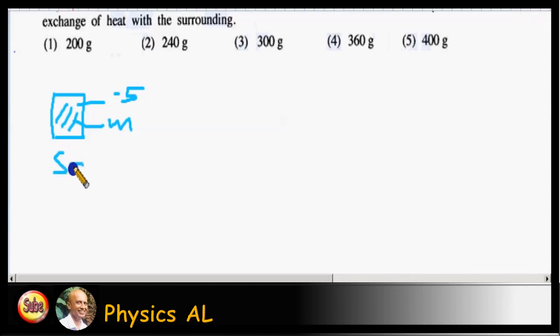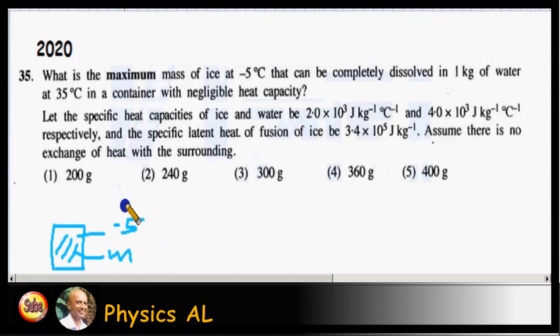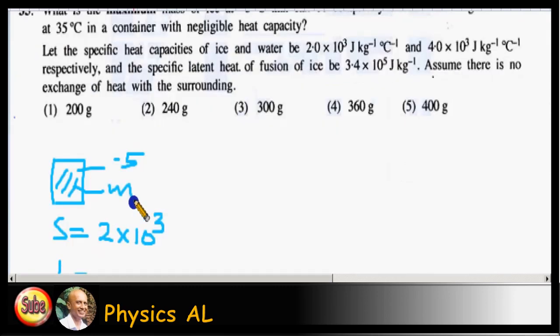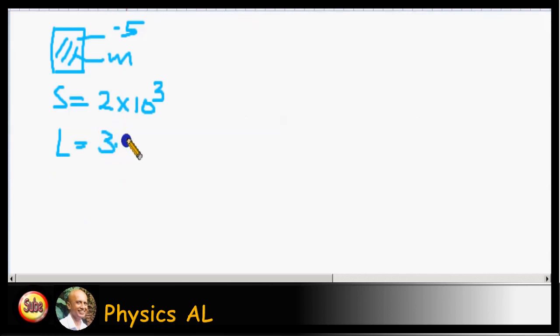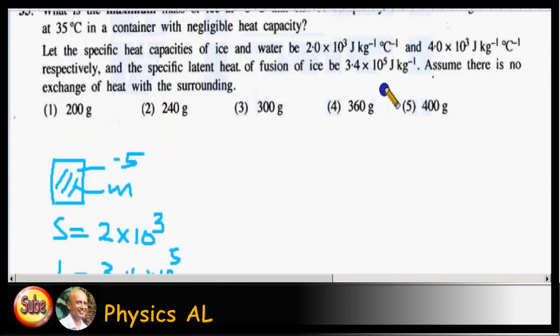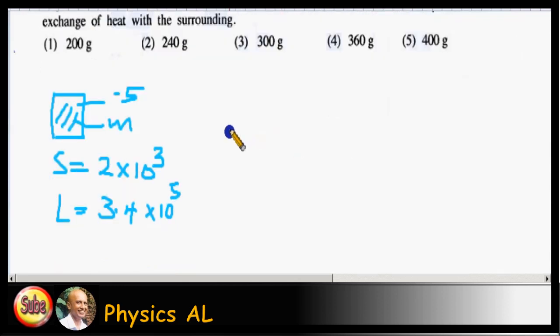Specific heat is given, 2 times 10 power 3. Specific latent heat of fusion is given, 3.4 times 10 power 5. Be careful, sometimes they give it in kilojoule, but here it is joule, here also joule, no kilojoule is given.